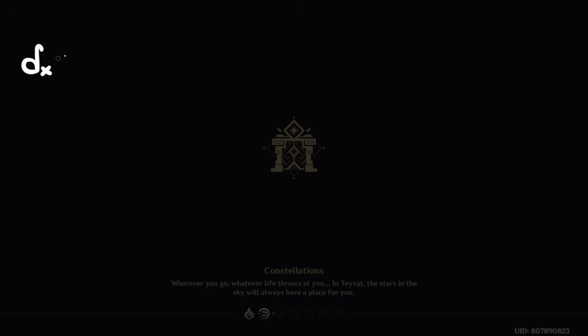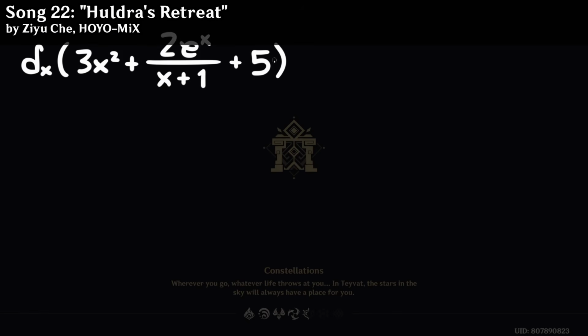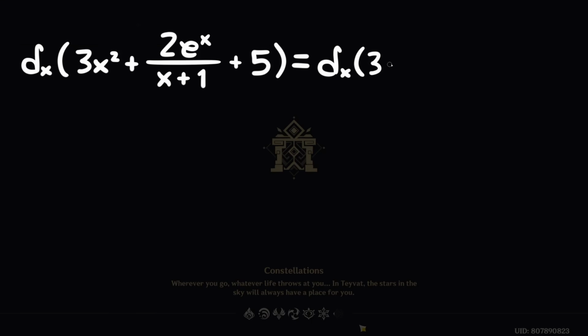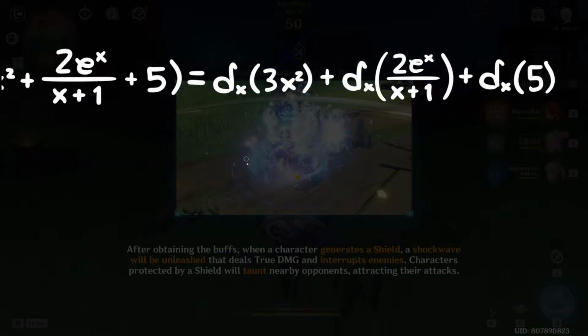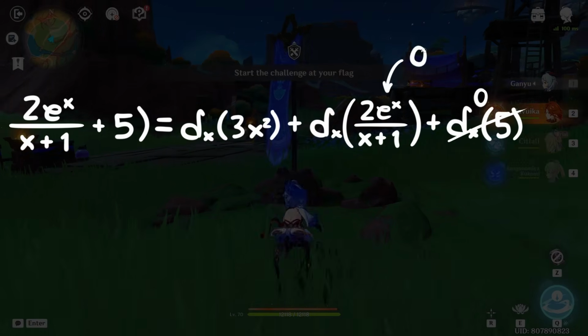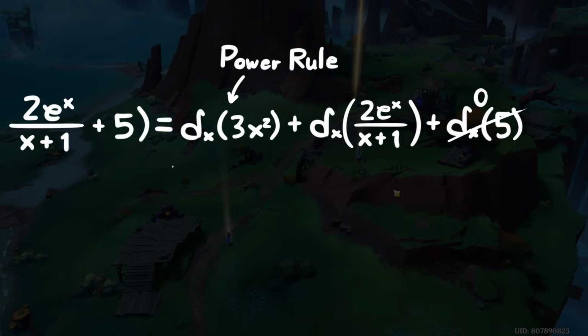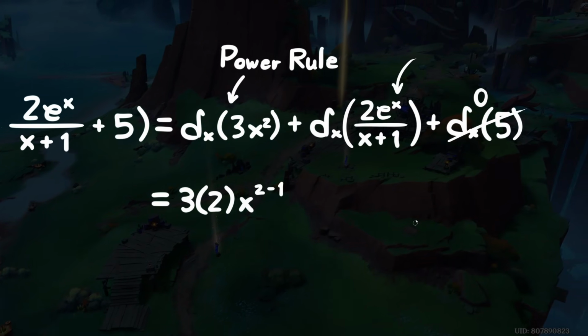Alright, third example. The derivative of 3x squared plus 2e to the x divided by x plus 1 plus 5. We can start by distributing the derivative to each of the terms. The third term is a constant, so it cancels out to 0. On the first term, we can factor out the 3, then apply the power rule.